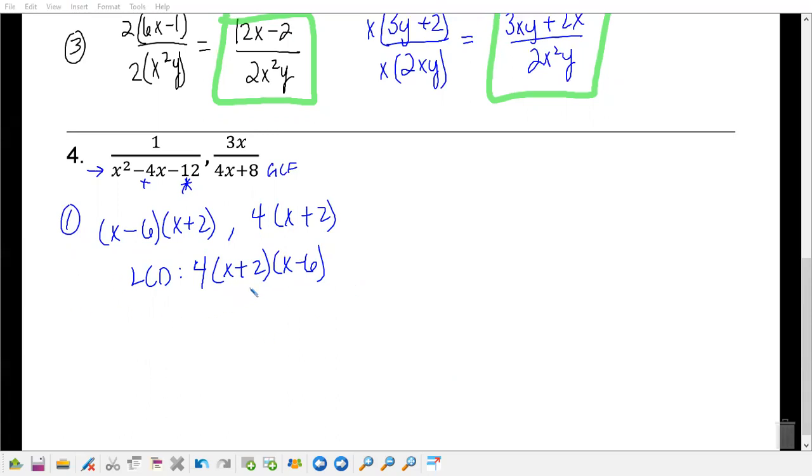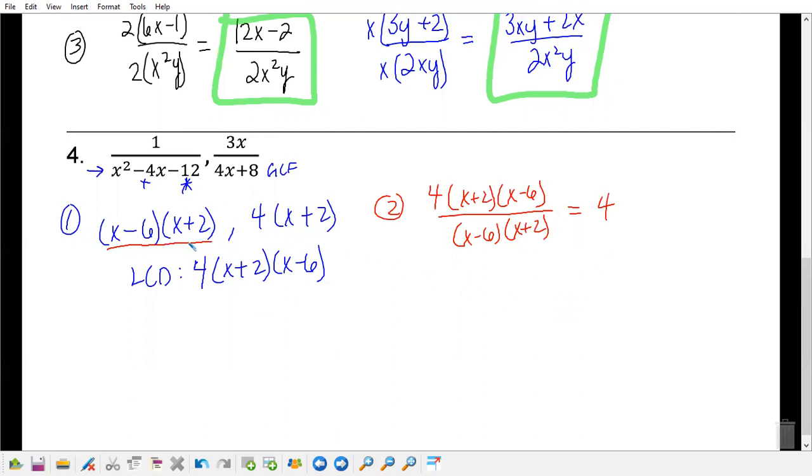Step 2 is I'm going to divide the LCD by each denominator. Now, since you already factored it, it's best to use the factored form for dividing. So for the first one, I have 4 times x plus 2 times x minus 6 divided by x minus 6 times x plus 2, and that gives me 4.